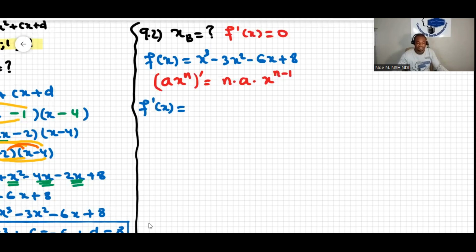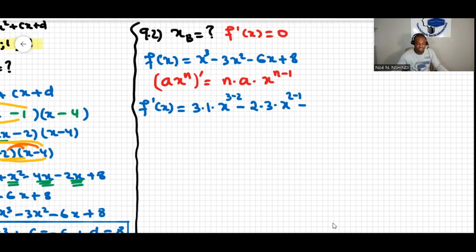This will be equal to what? For the first term, x cubed, the exponent n is 3, so 3 times a, and the coefficient is just 1, so 1 times x to the power of 3 minus 1. Minus, the following: n is 2, a is 3, x to the power of 2 minus 1.